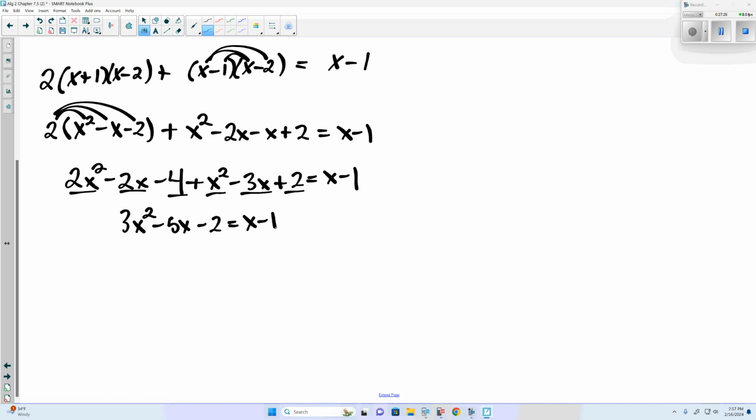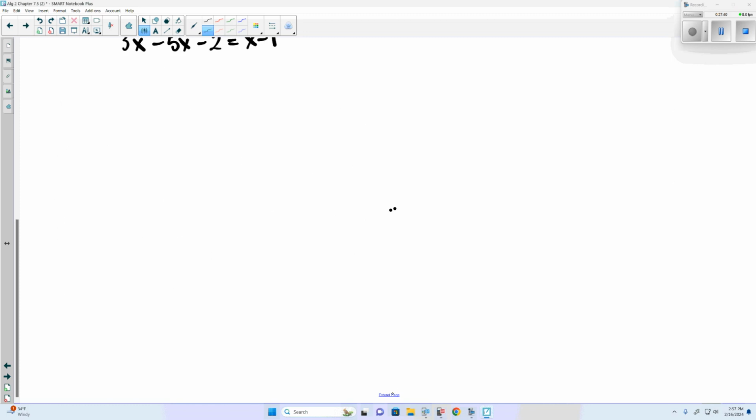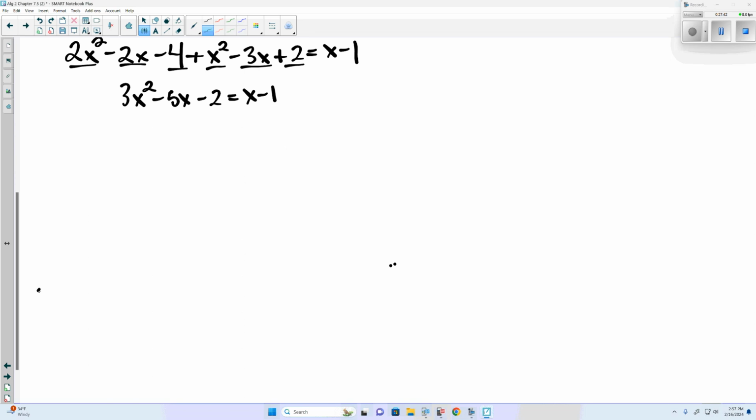I didn't know if I'd noticed this before, but I did notice 6th hour. The 3x squared minus 5x minus 2 factors pretty nicely. But we can't just factor it yet. We have to get this thing equal to 0. So the first thing we can move over is 1.